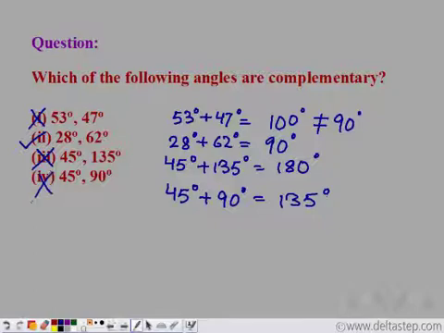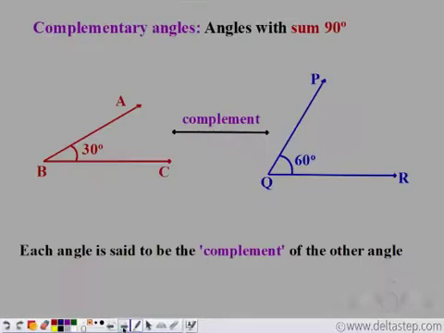Hence these are also not complementary. So only one pair, that is 28 degrees and 62 degrees, add up to 90 degrees, and hence these two angles are complementary angles.